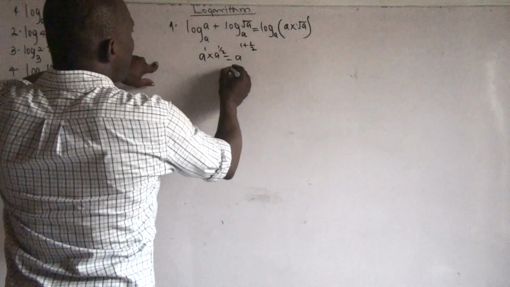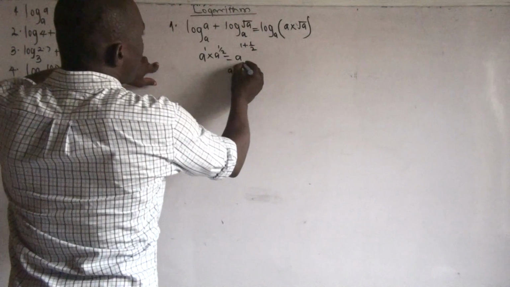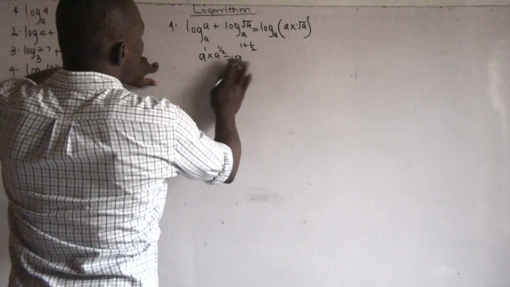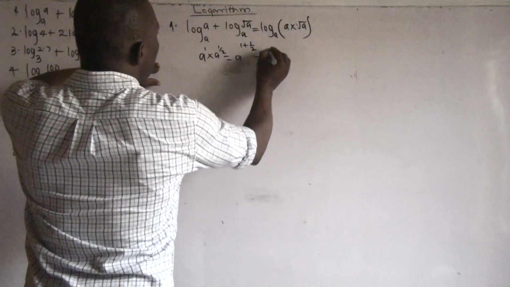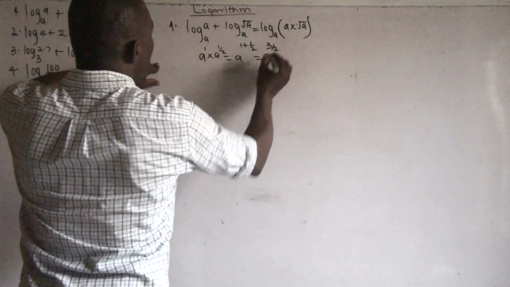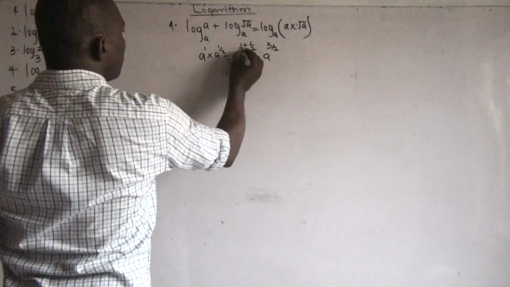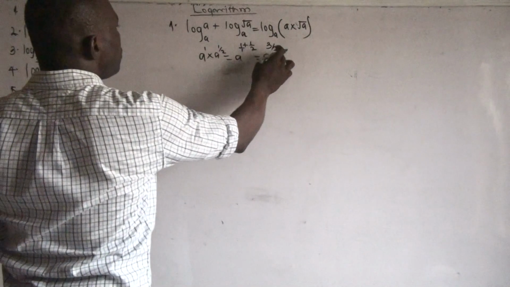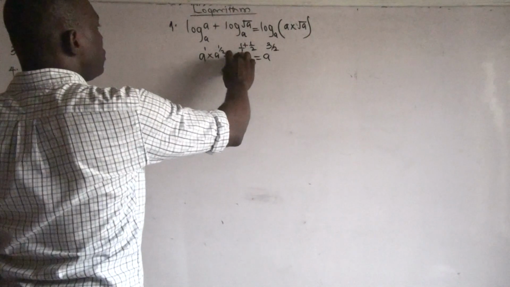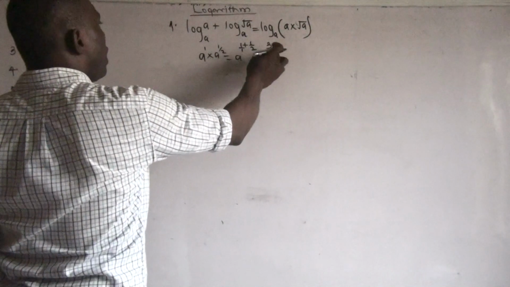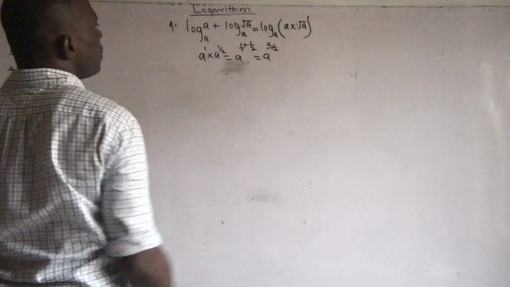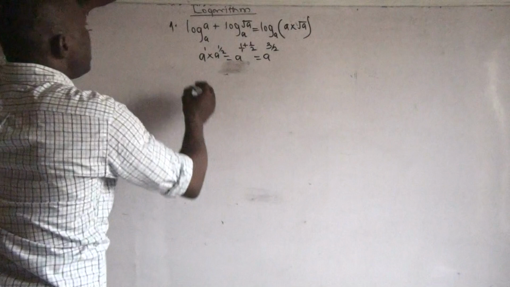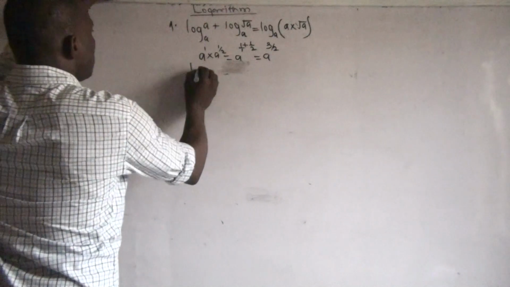And 1 plus half is equivalent to a raised to power 3 over 2. If you take the LCM of this fraction, the LCM is 2, 2 divided 1 is 2, 2 times 1 is 2, 2 divided 2 is 1, 1 times 1 is 1, so 2 plus 1 is 3 over 2.